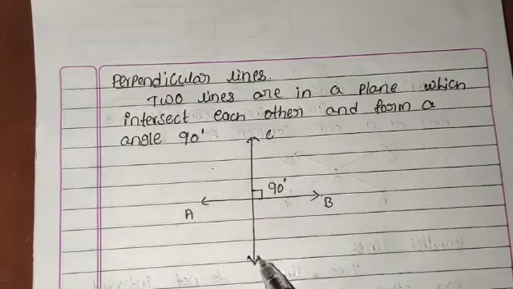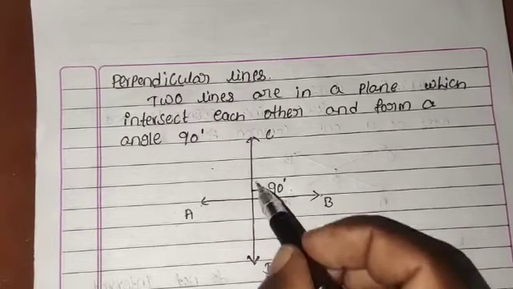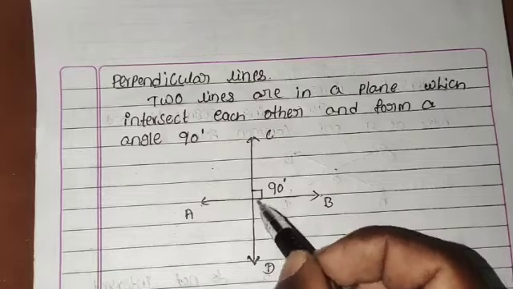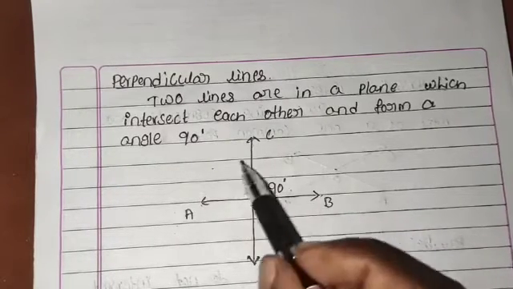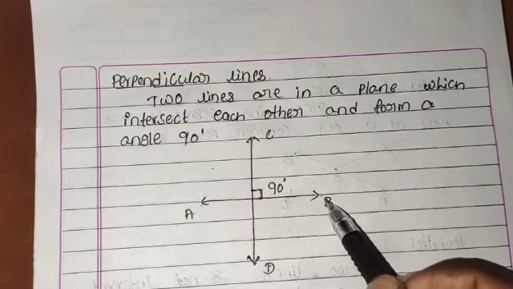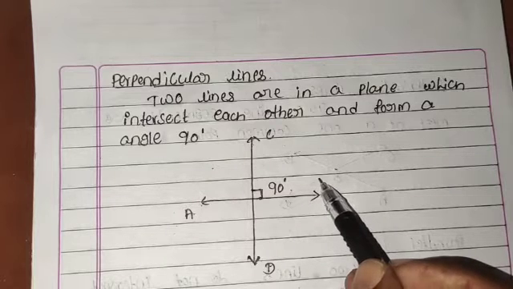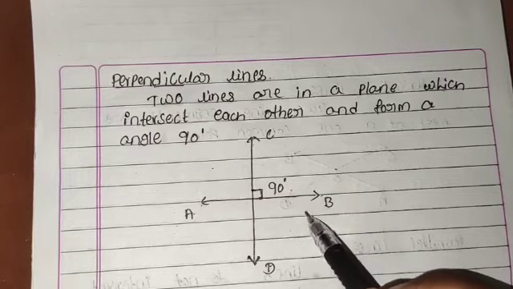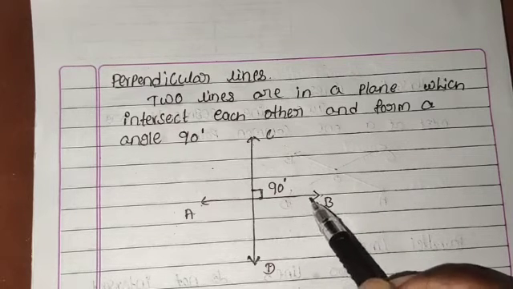Line CD is perpendicular to line AB, which means it forms an angle of 90 degrees.